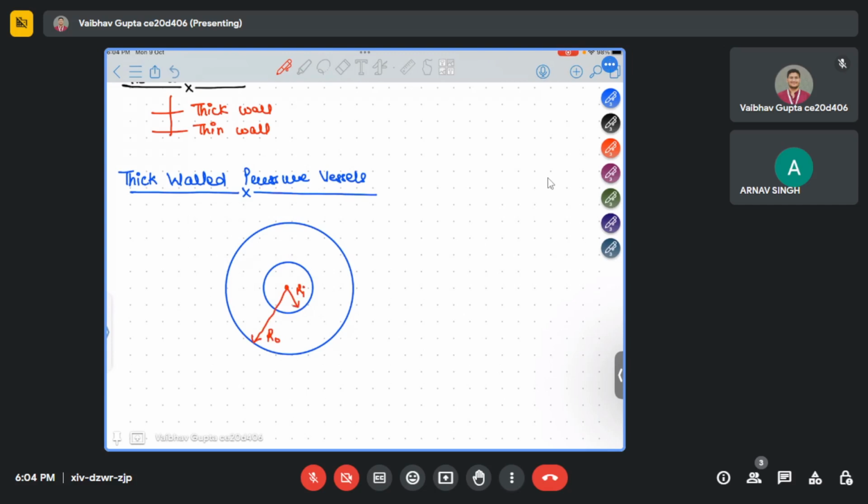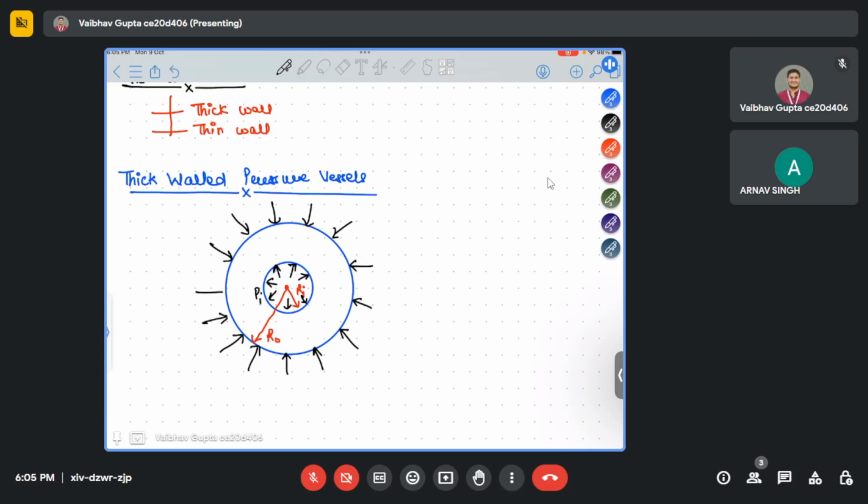Suppose we have applied the pressure from inside. This pressure is Pi. And outside also you are applying a pressure of P0 or PE, the external pressure.